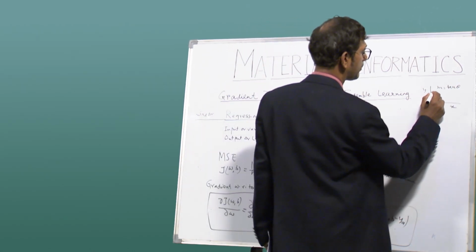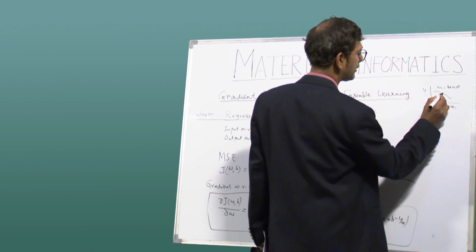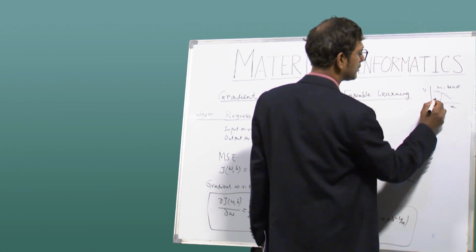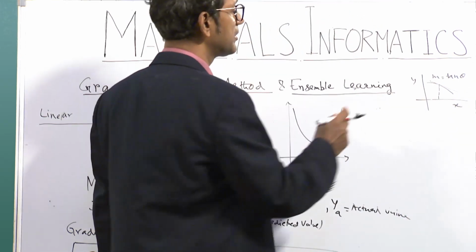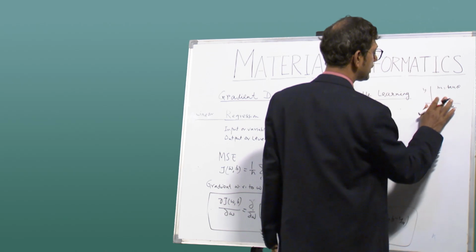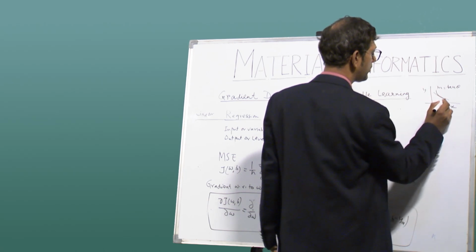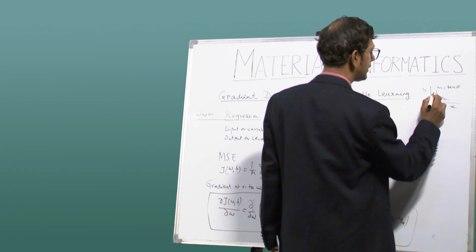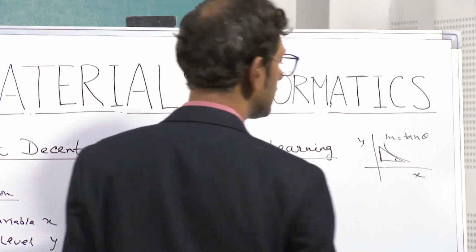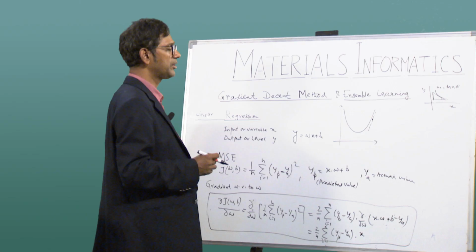If I have a curve like this, what is your slope at this point? This slope is negative, right, because tan theta is negative. But if I have a curve exactly the other way, this slope is positive, right. Tan theta is this divided by this. So, that is why I can have both situations, positive slope or negative slope.